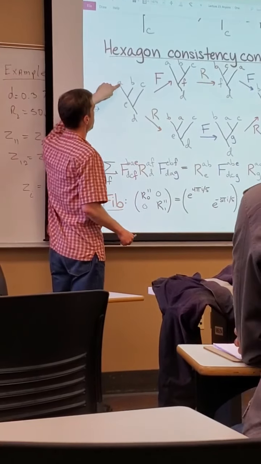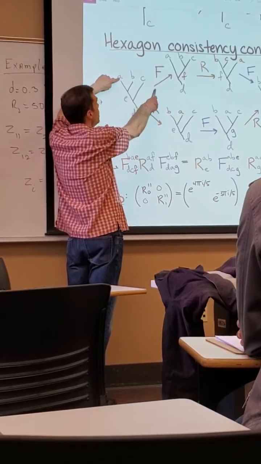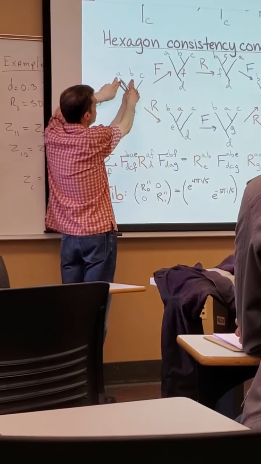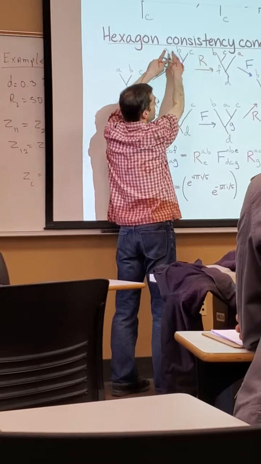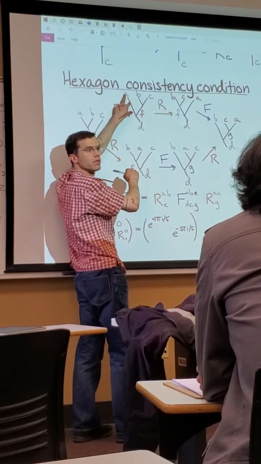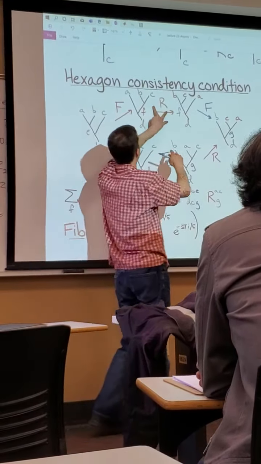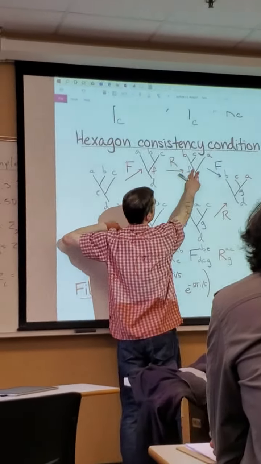Let's do this one first. First, I move B to the other side, and then I switch A with BC. Makes sense? So I use an F move, and then I do an R move, which is up here, switching A with BC.